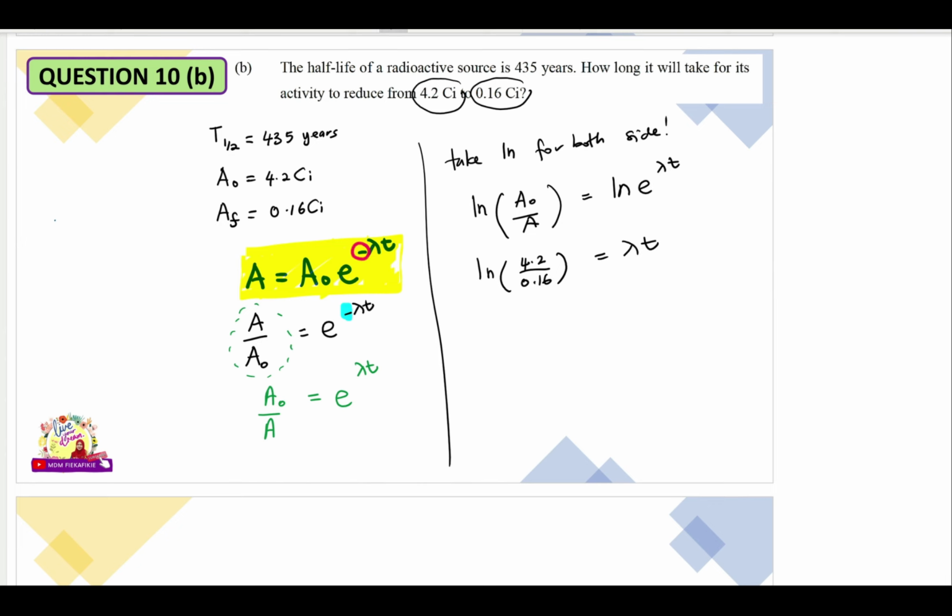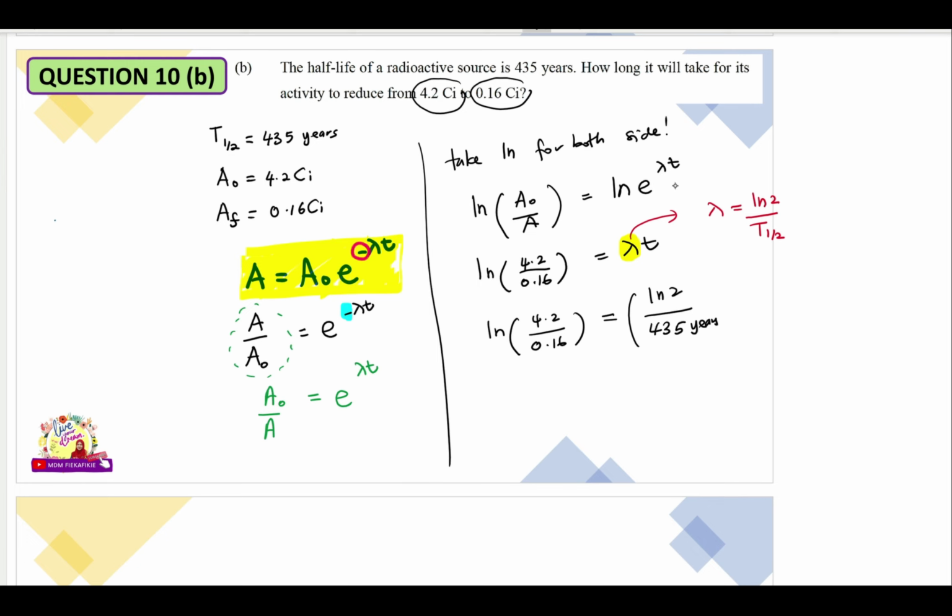Okay. So, this time, look at here. We have lambda here. Okay. So, kita boleh kira kan? Kita boleh kira gunakan formula lambda is equal to ln 2 over half-life. Okay? So, kita kira lah. ln 4.2 over 0.16 equal to ln 2 over half-life dia tadi berapa? 435 kan? Years kan?